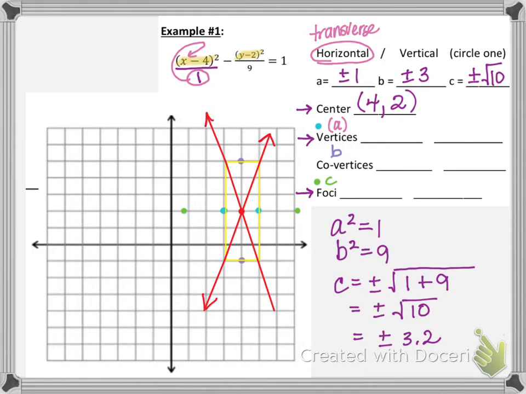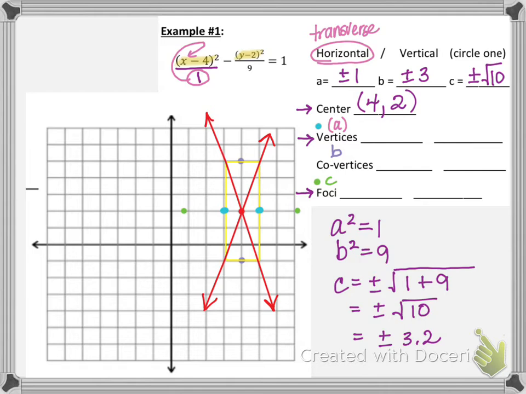So since you know it's going to be horizontal, that means the graph is going to point to the left and to the right. And you remember, our vertices were the blue dots, so right here and right here is where our graph is going to start.